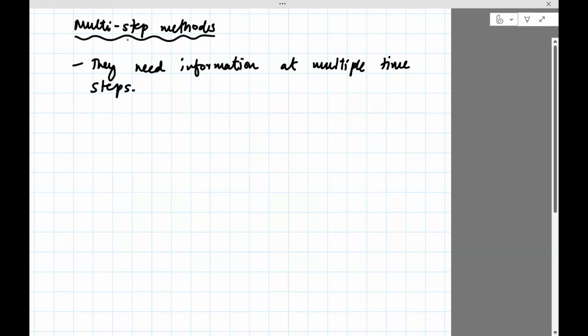Okay, so one class of methods is they actually had some formulas which we'll basically use. They are the Adams-Bashforth method. This is an explicit method, and it'll be obvious what explicit means in just a bit.